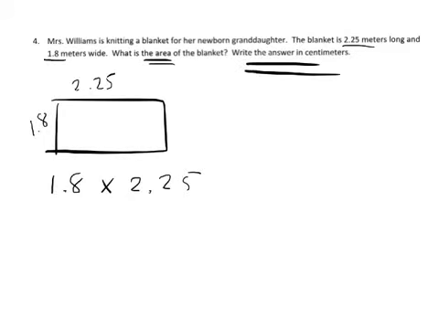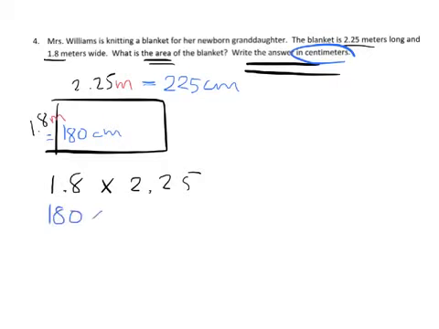Except it says write the answer in centimeters. So right now we know that this is meters and this is meters. So we want the answer in centimeters. So let's convert this to 225 centimeters. And this is equal to 180 centimeters. And so now we're free to multiply 180 times 225.